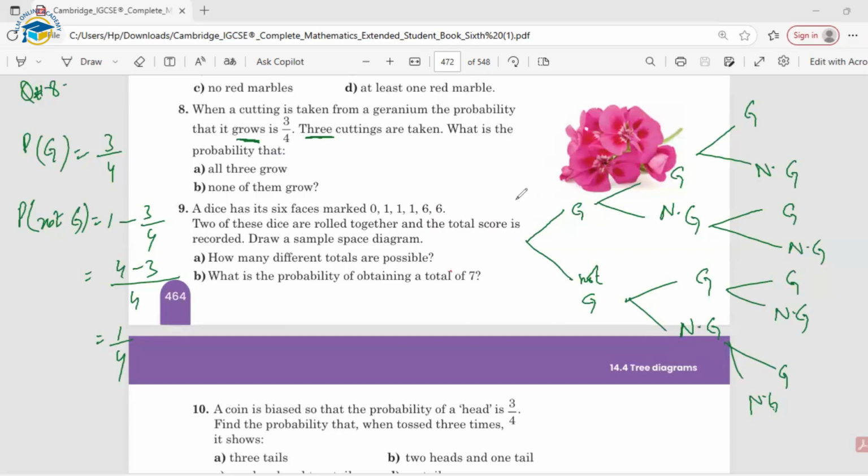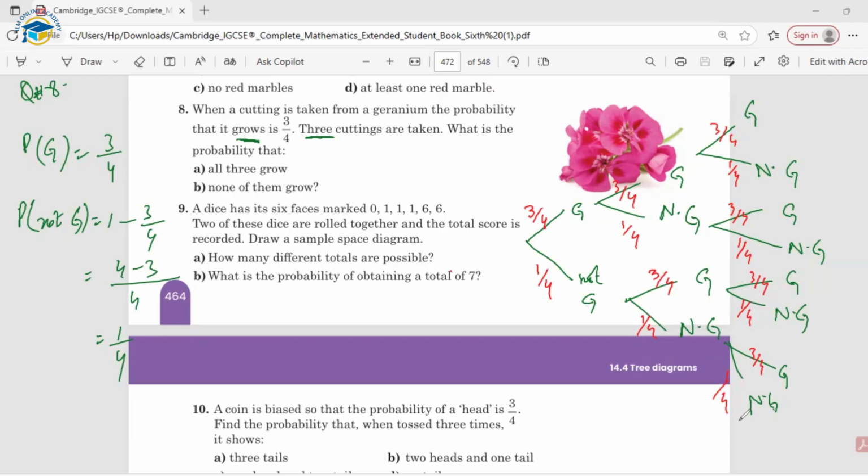Okay, so first probability grows 3 over 4, not grows 1 over 4, 3 over 4, 1 over 4, 3 over 4, 1 over 4. Similarly, you just need to write it down. Okay, tree diagram is done.